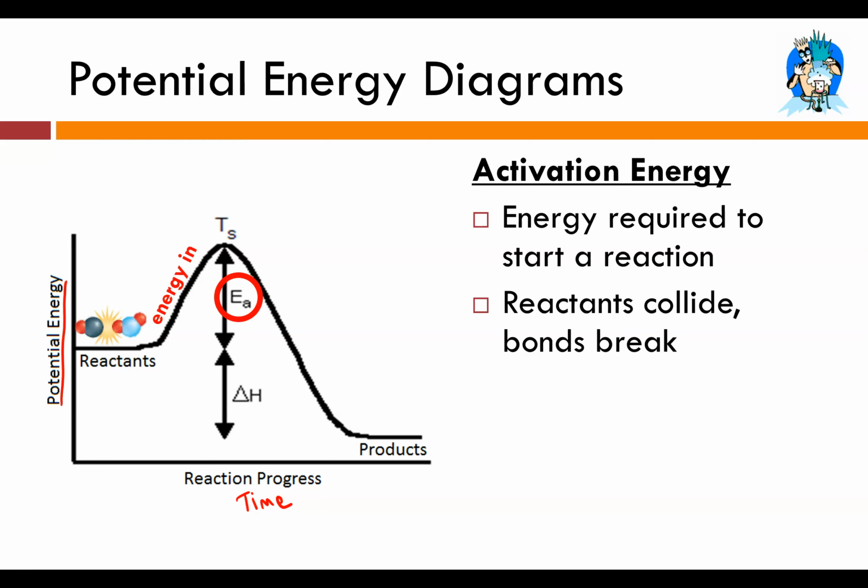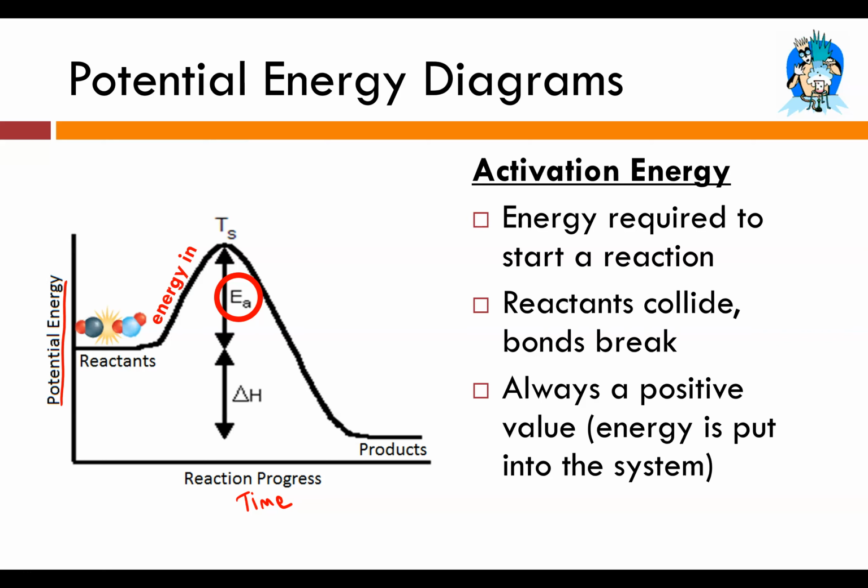You've got your reaction mixture and your reactants are constantly bumping into one another, but it's not until they have enough energy that they're actually going to be able to eventually form the products. Activation energy is always a positive value. It's always energy being put into the system to initiate the reaction.